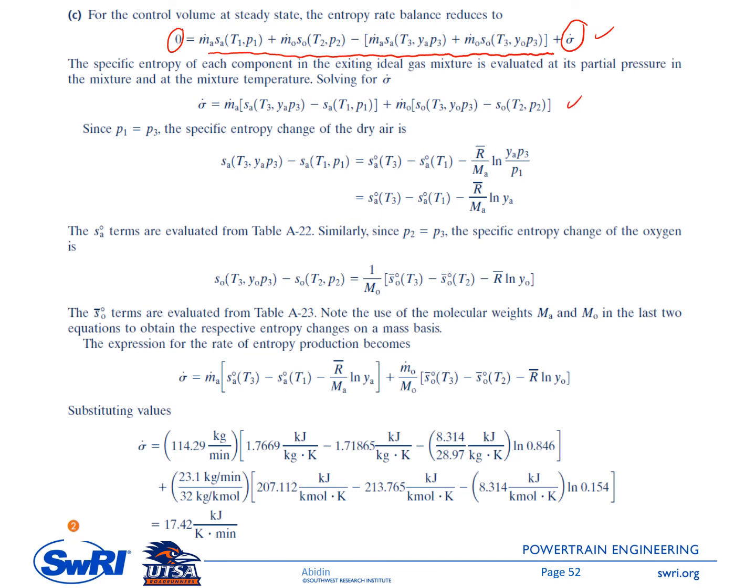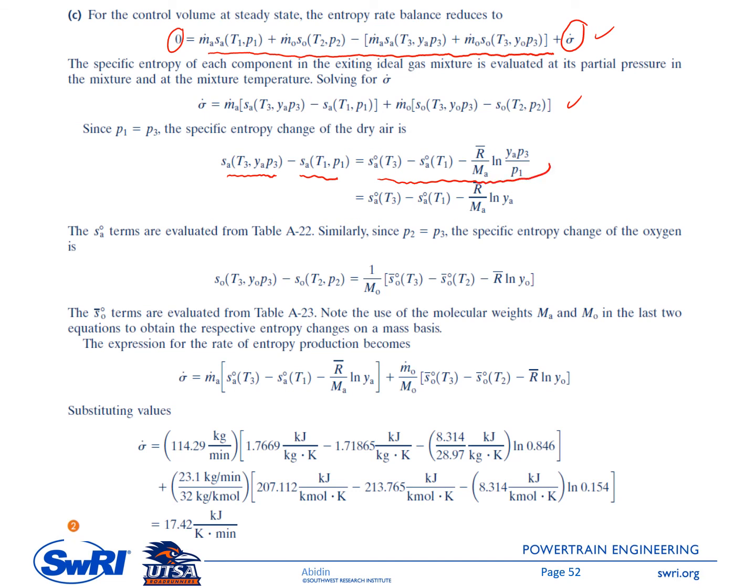And then since P1 equals P3, I believe it is 1 bar, for the specific entropy change of the dry air, you can have this equation. So this is S A at T3 and partial pressure at state 3, minus S A at the initial state. Okay, you have this one.